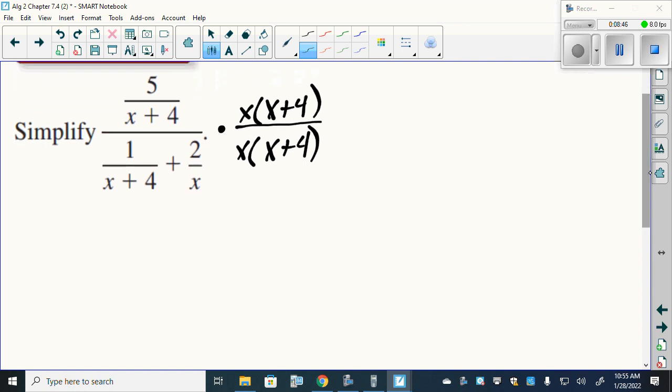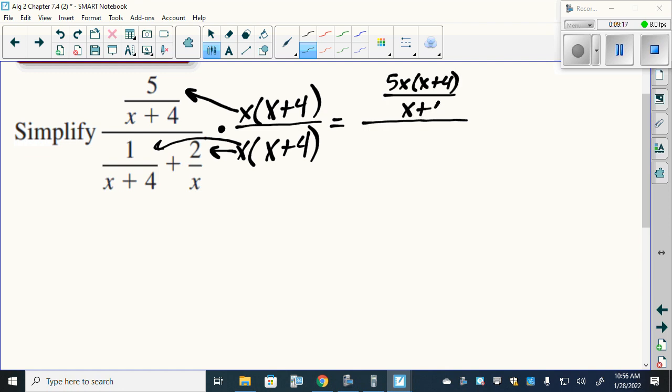And whenever we do this multiplication, because x times x plus 4 over x times x plus 4 is just 1, because we're multiplying it again by 1. And these here will multiply with every numerator in the numerator and denominator of this complex fraction. So for the top, the x times x plus 4 is being multiplied with the 5. So we'll have 5 times x plus 4 over x plus 4.